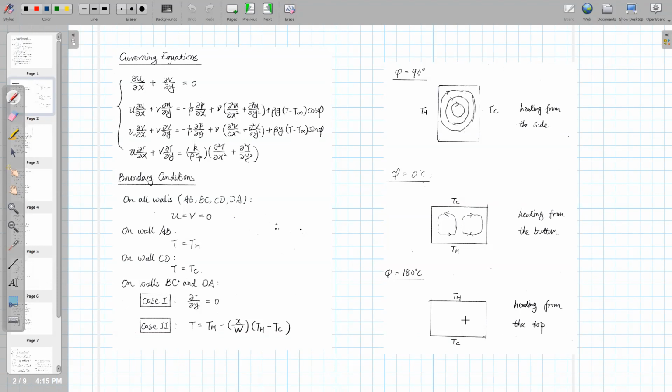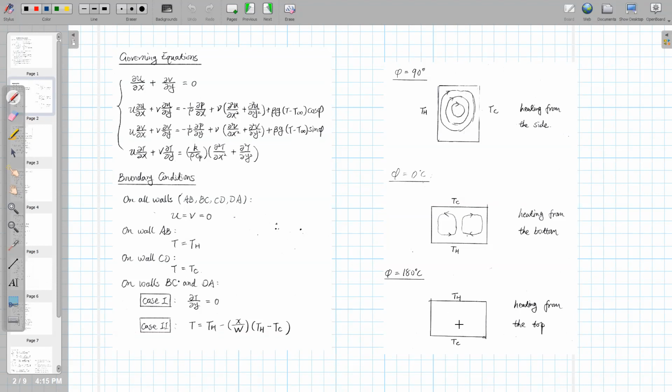At steady state there's no velocity, which means there's no convection, and the heat transfer is purely by conduction, because there's no fluid motion.